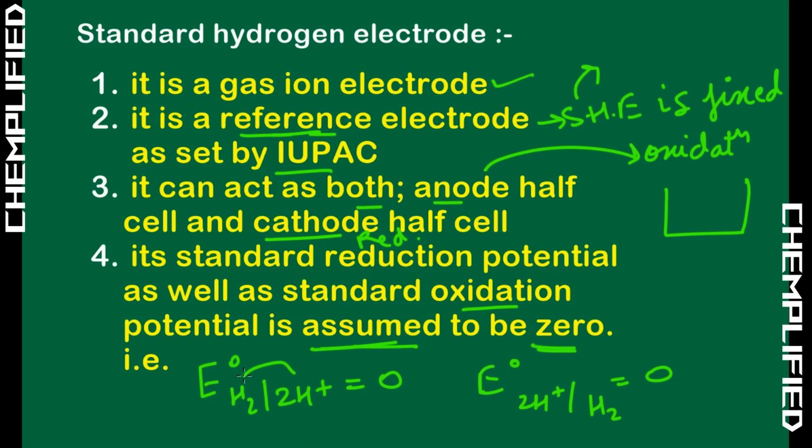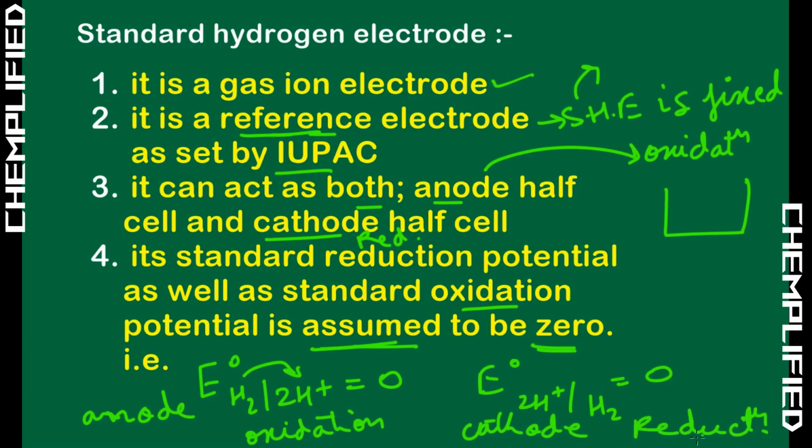In this case, hydrogen is losing electron, it is undergoing oxidation. This is your anode and this is your cathode, undergoing reduction, right? So this was the basic of standard hydrogen electrode.